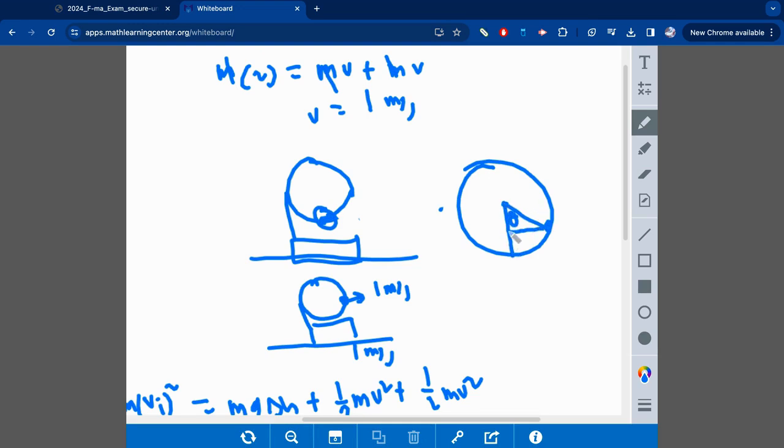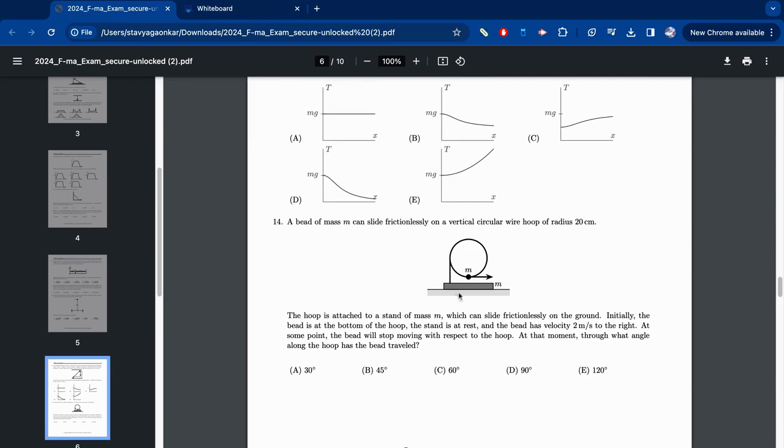Then we know that h is 0.1. And we know that r is 0.2. So we know that cosine of theta is 0.1 over 0.2. So cosine theta is 1/2, which means theta is 60 degrees. So our answer is C.